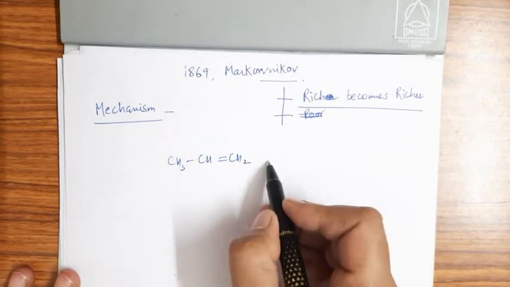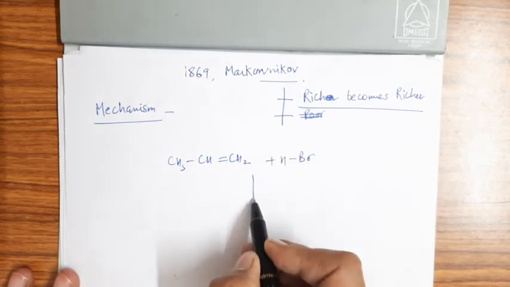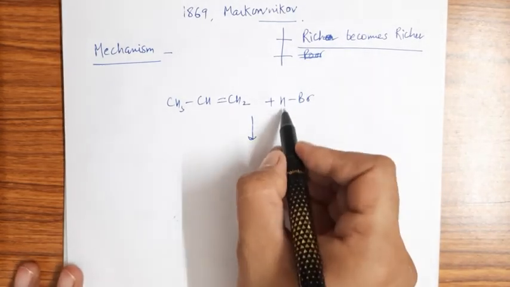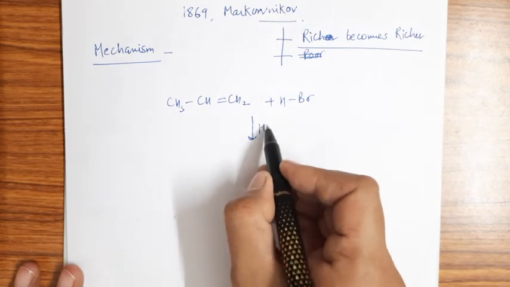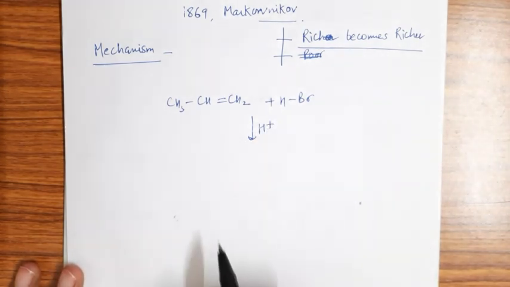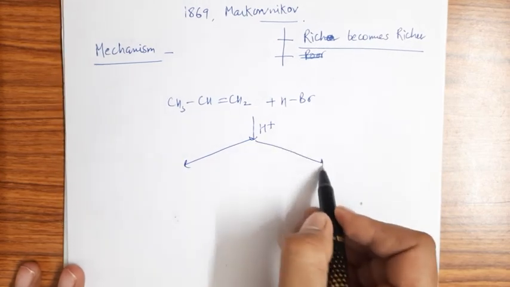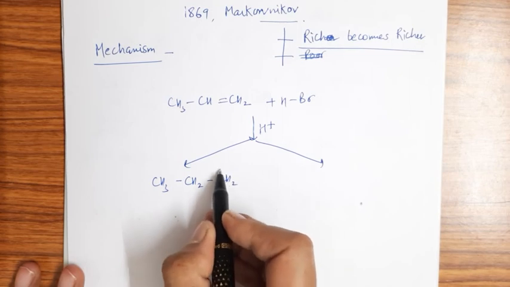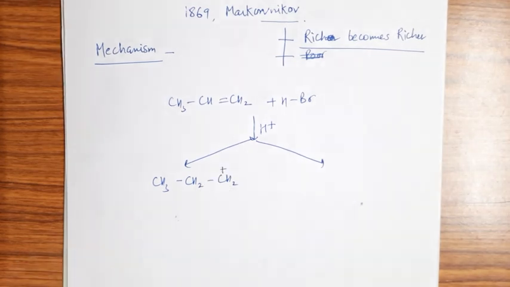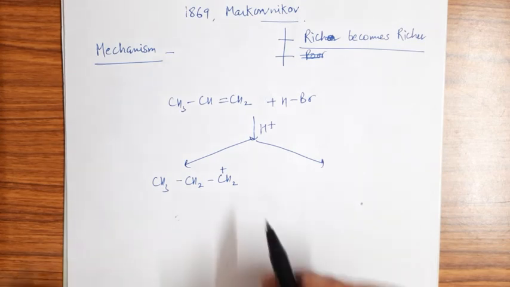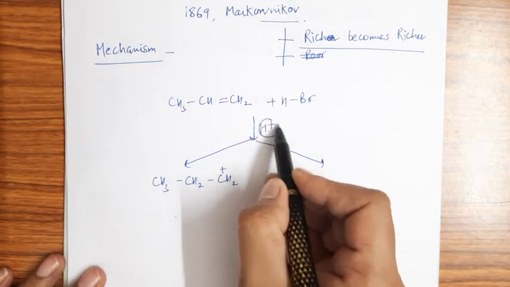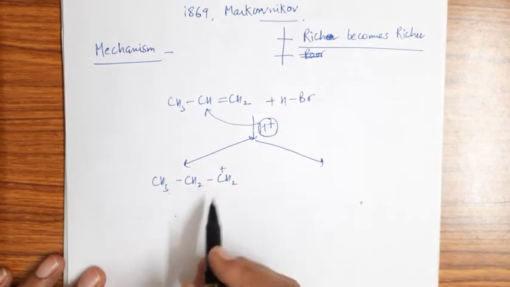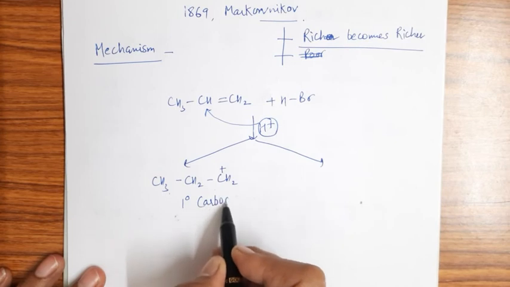So this is propene. When we do the addition with HBr, first of all the H plus part reacts. There will be the possibility of CH3CH2CH2 plus. That means if we add this hydrogen here, there will be formation of a 1 degree carbocation.